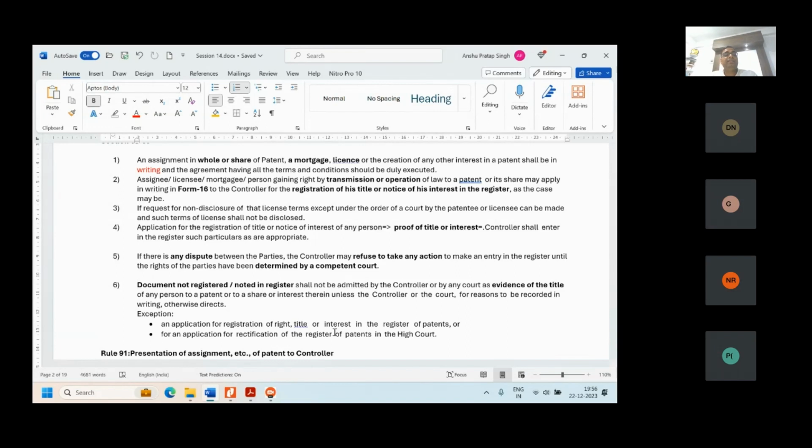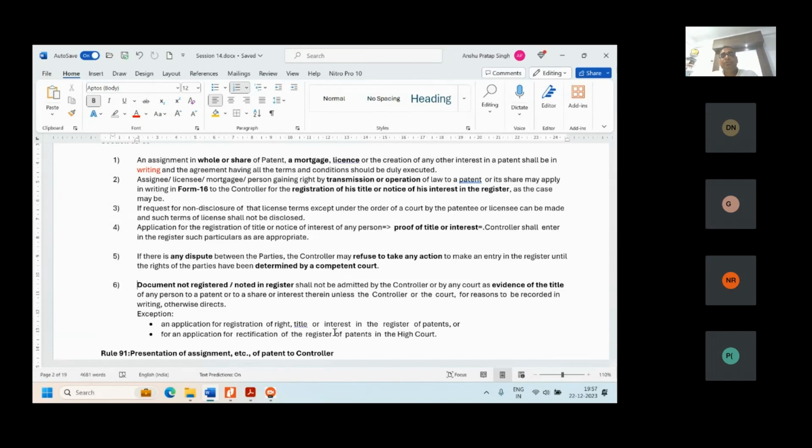Okay. Now, what is the exception to this law? An unregistered and unnoted document is relevant and can be used in evidence when you are applying for registration of right, title, or interest in the register of patents. Then the document is non-registered, you are only telling them you have executed it. So that is one exception.